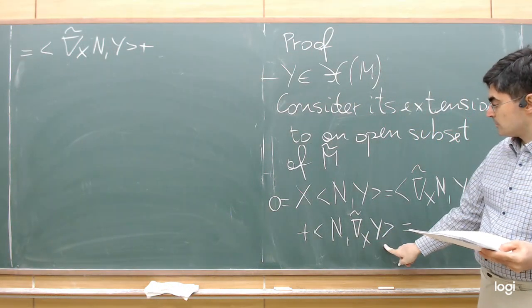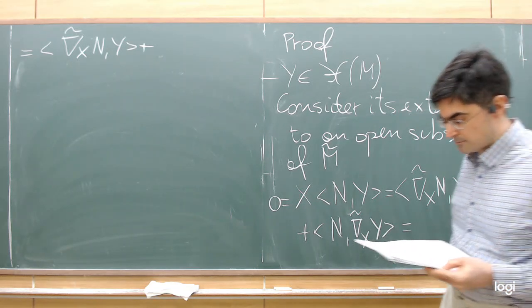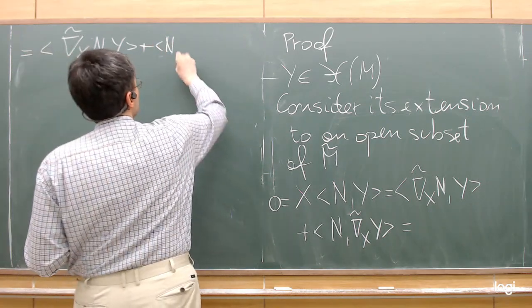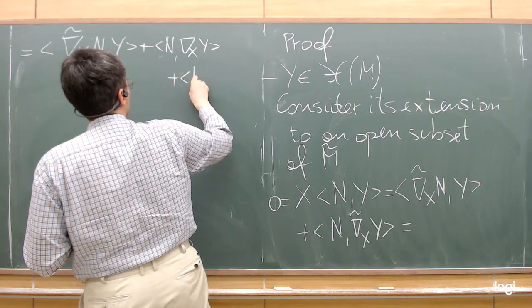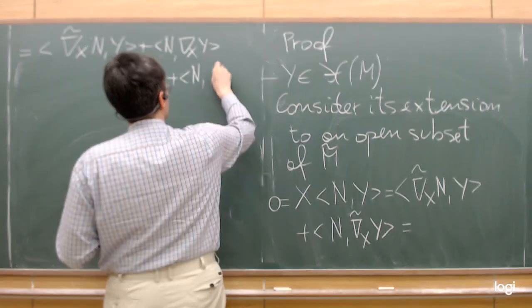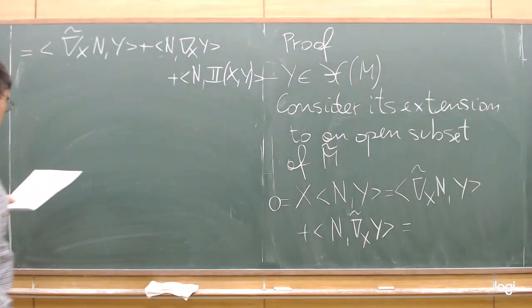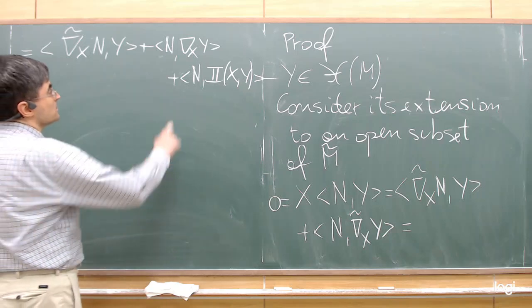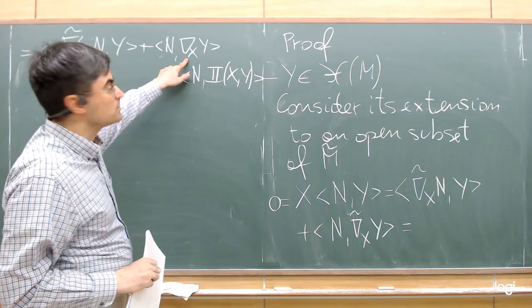We manipulate the second term using the Gauss formula, and we get the inner product of N with nabla_X Y plus the inner product of N with II(X, Y). It is clear that the first is 0 because this is tangent and this is normal.